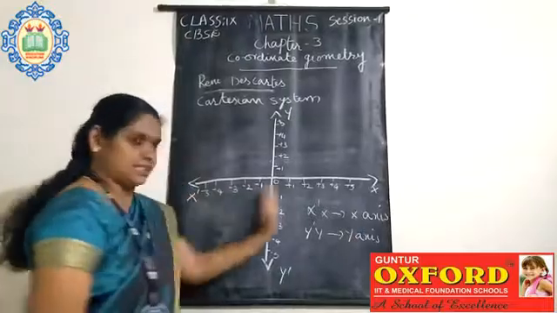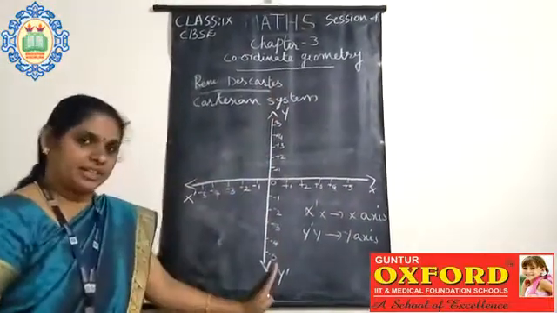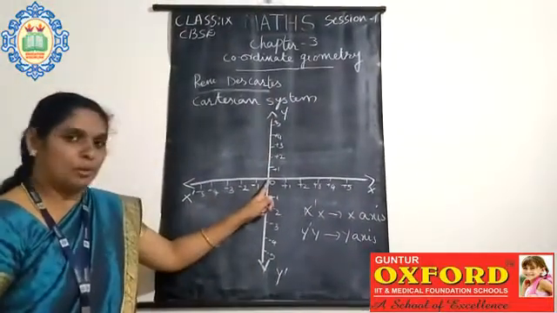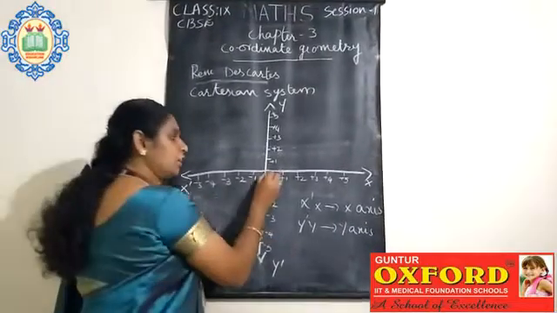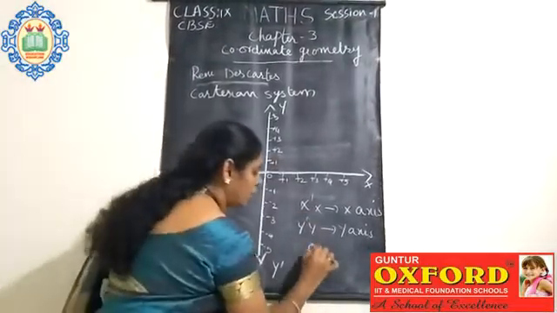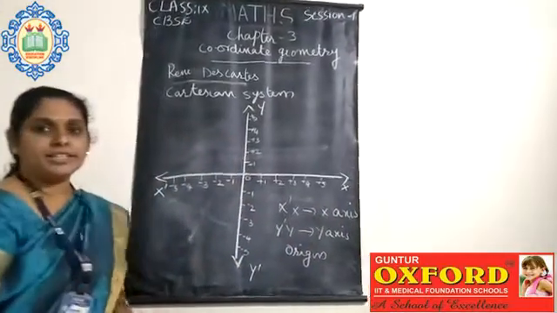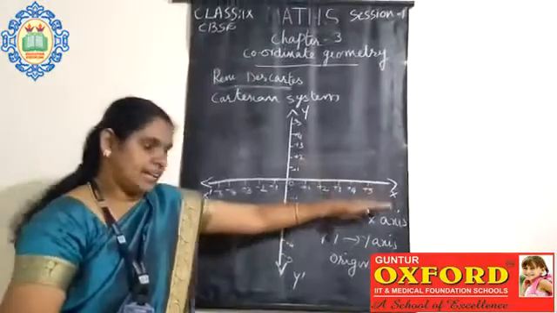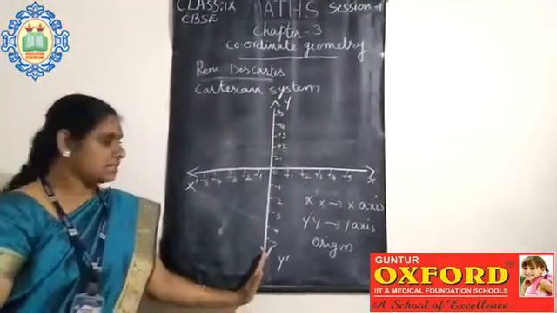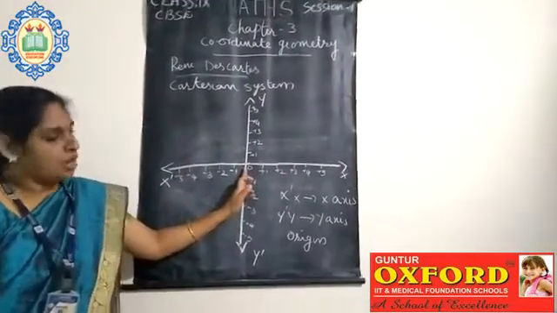The point where these two lines intersect is 0, and it is known as the origin.